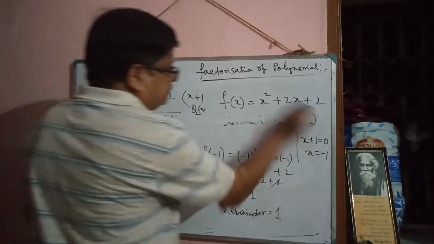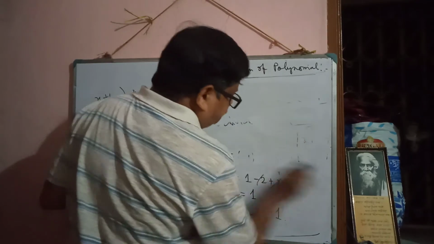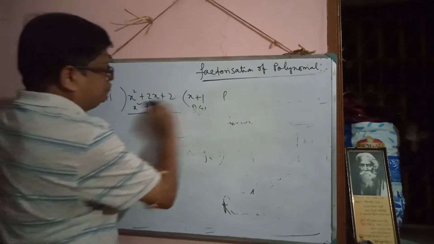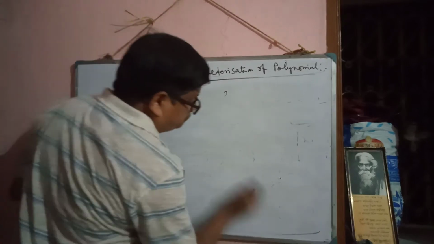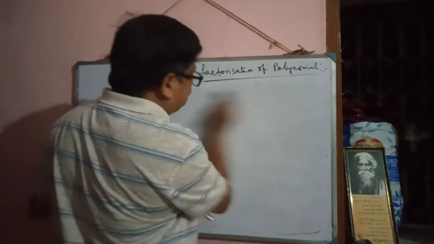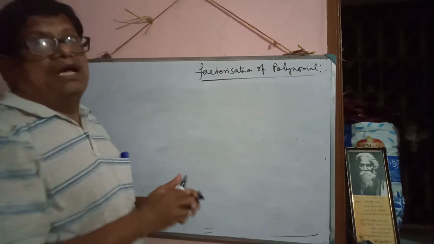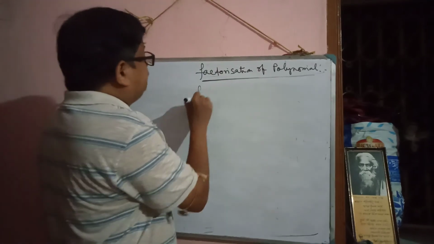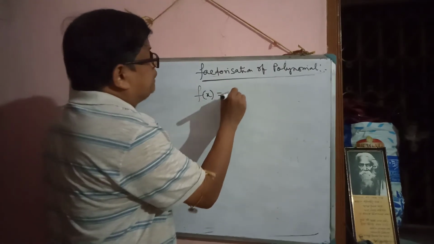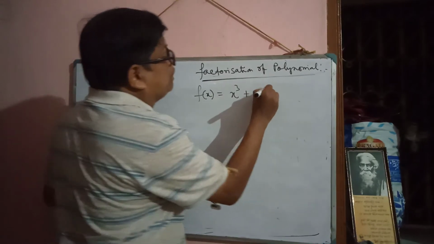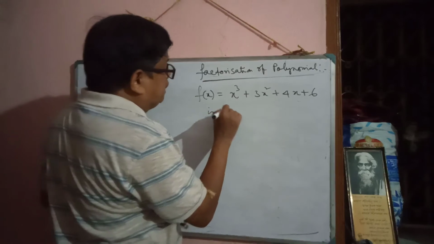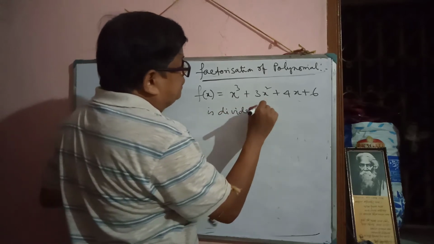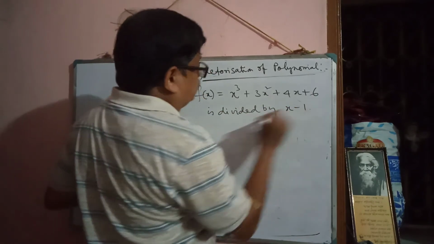Again I am giving an example. Suppose f of x equals x cube plus 3x square plus 4x plus 6 is divided by x minus 1.